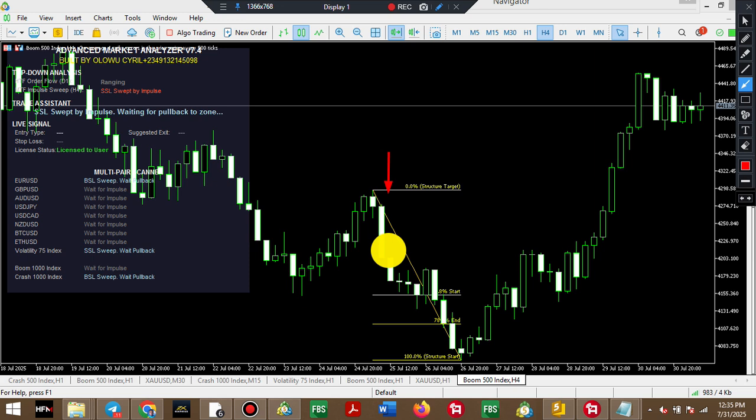When price was here, the signal message was: sell side liquidity has been taken out. SSL sweep, then there was an impulsive move. So the SSL is around this zone. Liquidity was swept and price created an impulsive move, which resulted in what? A break of market structure.